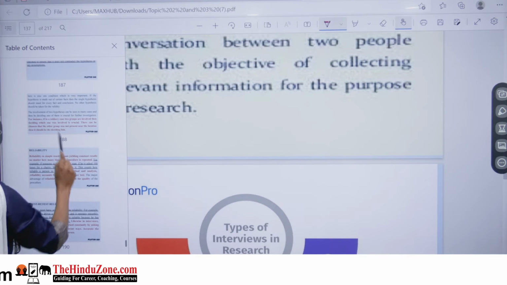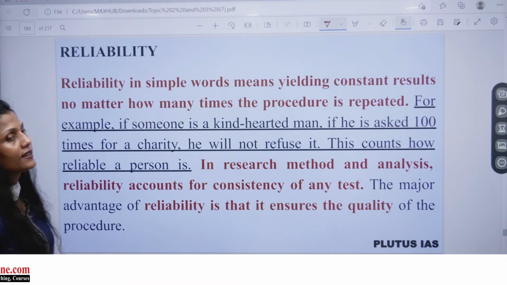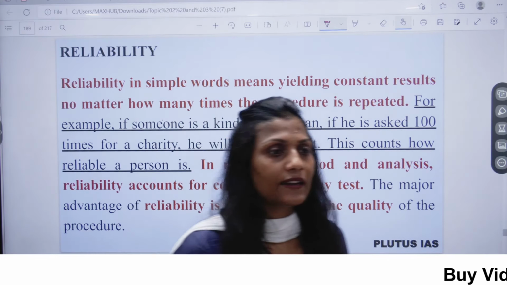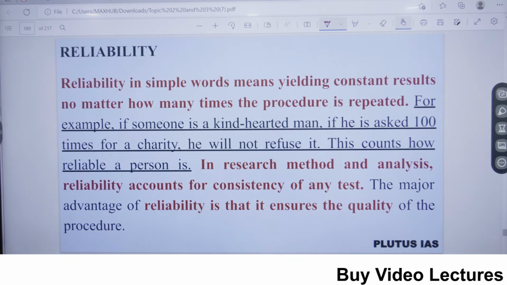Is the hypothesis clear to all of you? Guys, please kindly write this. Write down reliability. I'm coming.